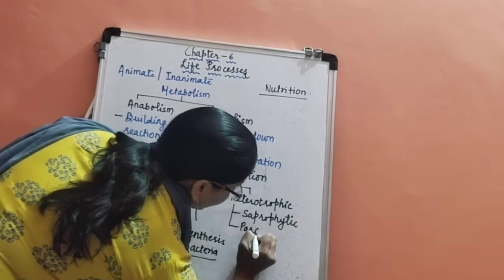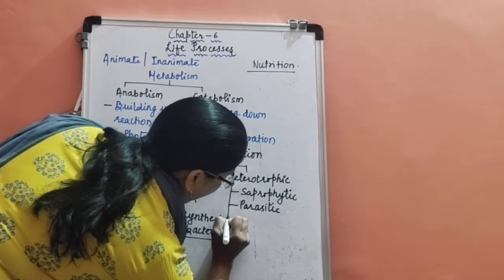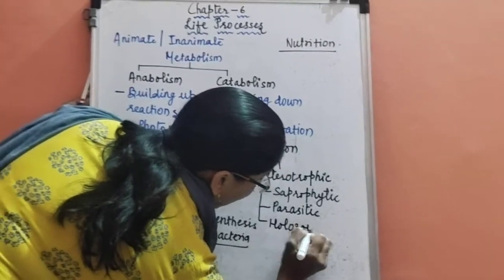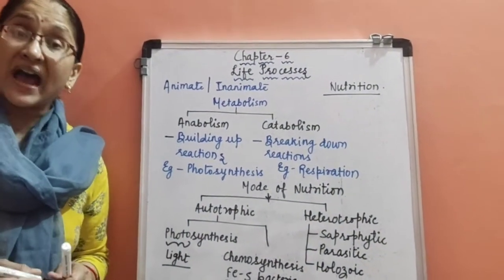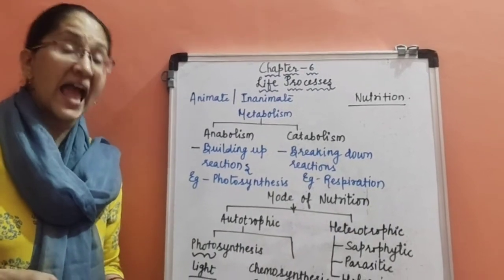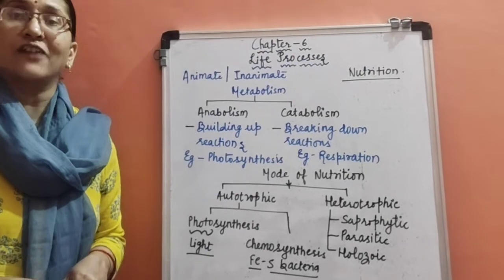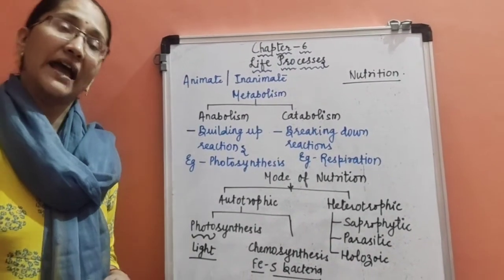Parasitic is a mode of nutrition where the parasite feeds on the host, for example the lice present on the head, and ticks and mites present on the body of the organism, which suck their blood and derive nutrition. Holozoic refers to the engulfment of food, for example Homo sapiens and amoeba.